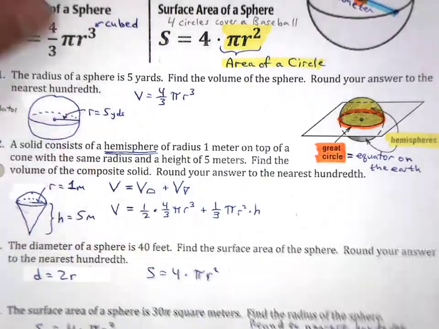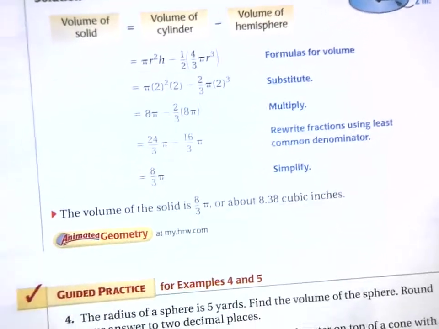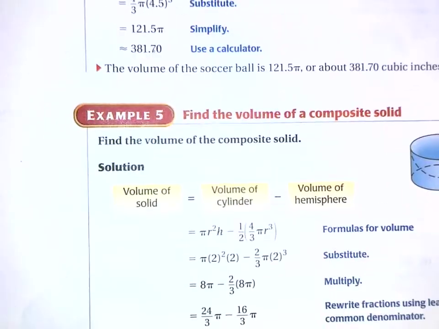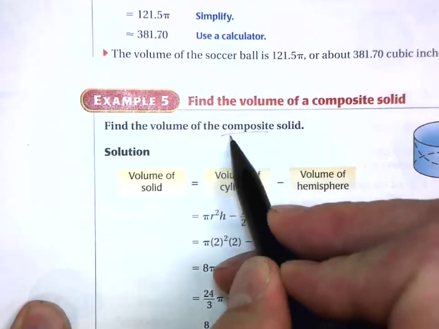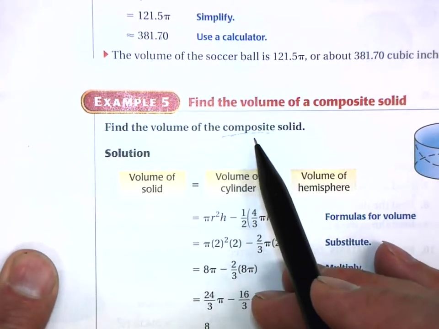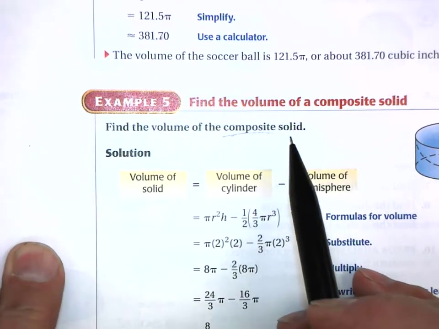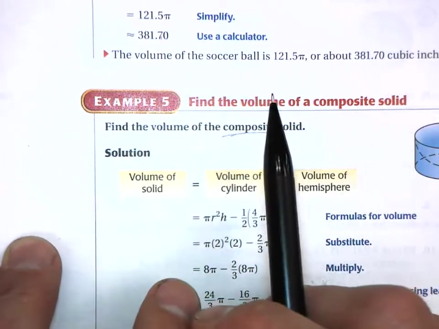Okay, so let's apply that information to this particular problem. And here they want us to find the volume of a composite. I think we've used that term before, but that means taking more than one shape that we're accustomed to and combining them together.